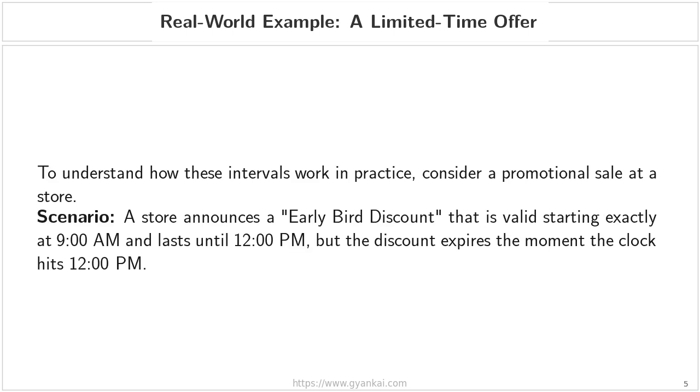A store announces an early bird discount that is valid starting exactly at 9:00 a.m. and lasts until 12:00 p.m., but there is a catch: the discount expires the very moment the clock hits 12:00 p.m. As we move to the next slide, we are going to break this down step by step to see which brackets we should use to represent this time window.